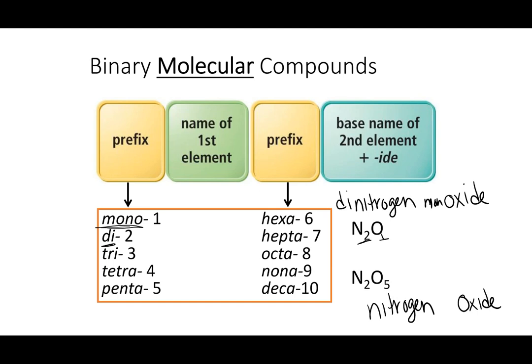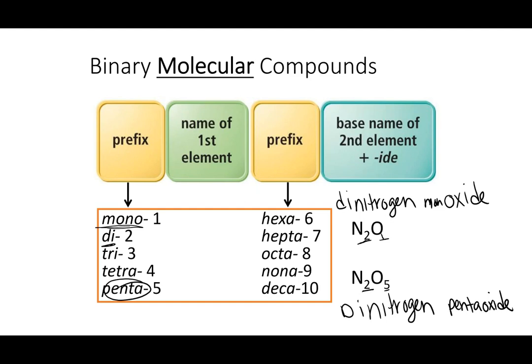Go back and knock out the prefixes. So I still have 2 nitrogens, so dinitrogen. And this time I have 5 oxygens. So that's penta. Move this over. So pentoxide. Okay.